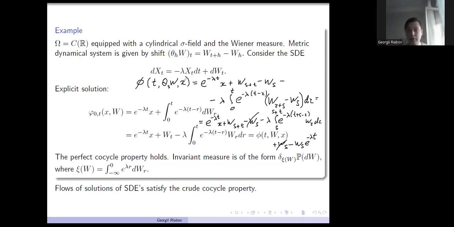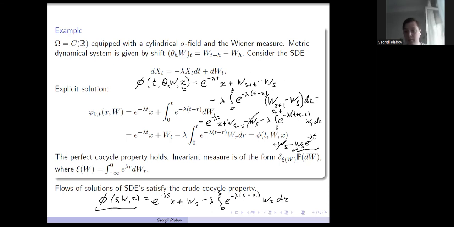Okay, and now instead of x, we substitute phi(s, W, x), which is equal to e^(-lambda s) x plus W_s minus lambda times the integral from 0 to s of e^(-lambda(s-r)) W_r dr. So when we substitute this instead of x, the W_s exponent will cancel, and this integral will be multiplied by e^(-lambda t), so it will combine with the other integral and give the integral from 0 to s+t.